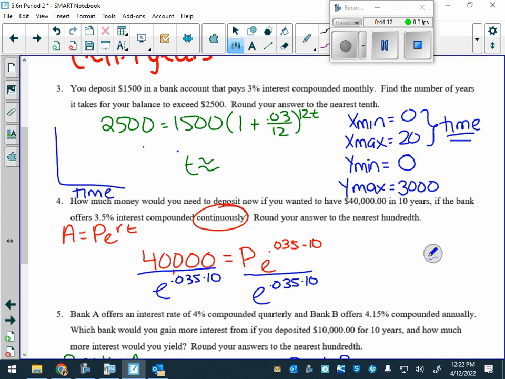So there's no set for Y min and max. We have to start thinking of what values are given to me, what do I want to see in that window, okay? It just takes some practice and getting used to, all right? So this ends up being approximately 17 years, okay? All right?